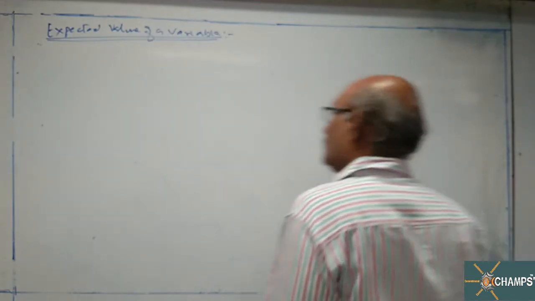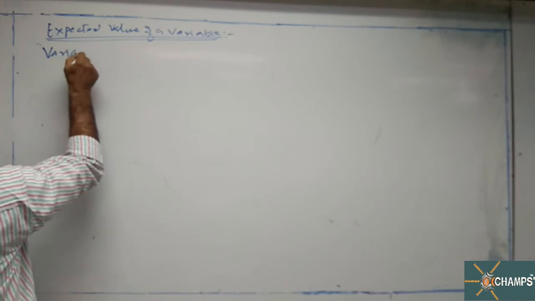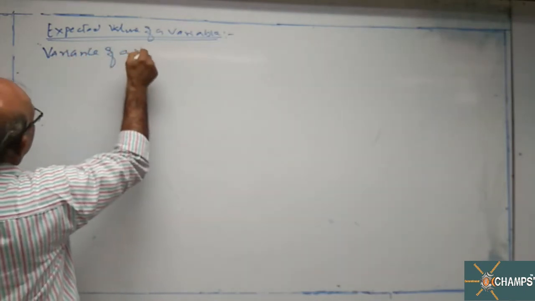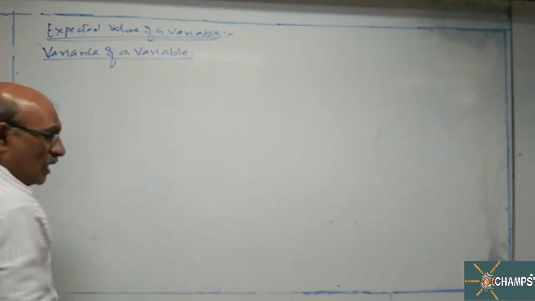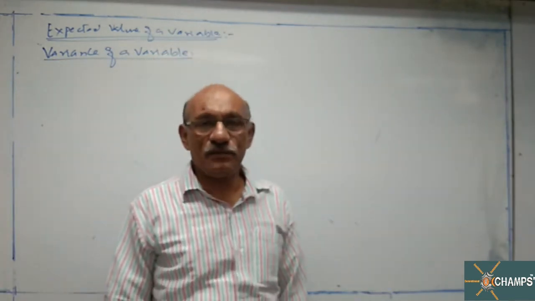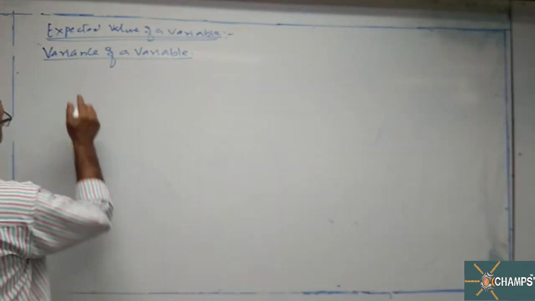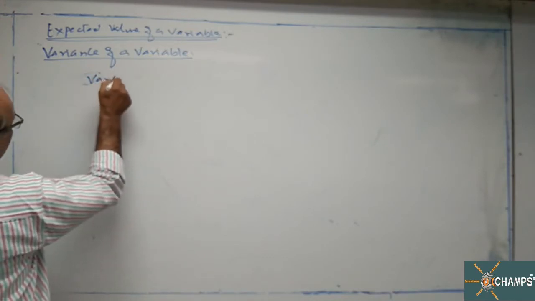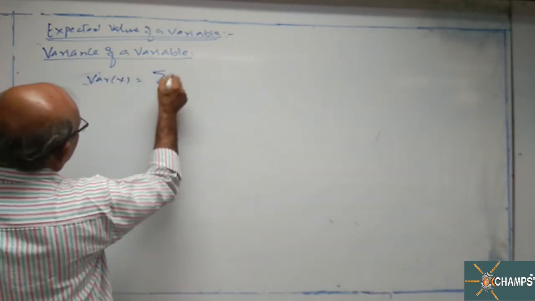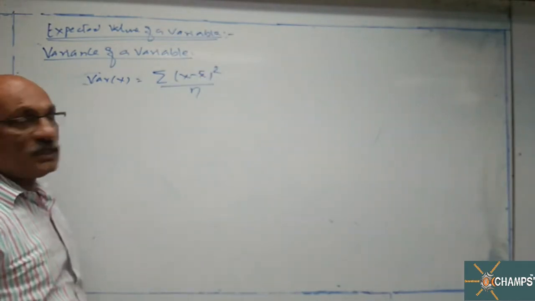Next, variance of a variable. Now let's go back to the concept of dispersion, sir. What is the formula we have? Variance of x is equal to summation of x minus x bar whole square by n.